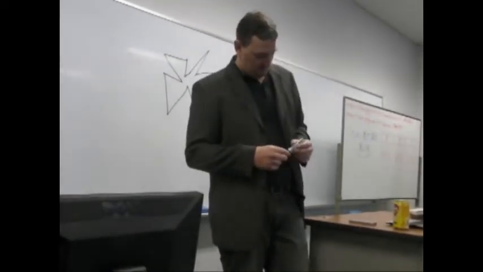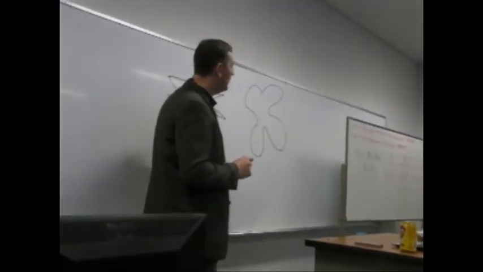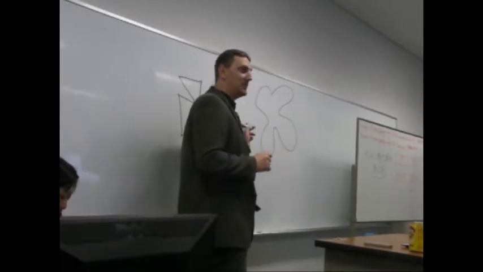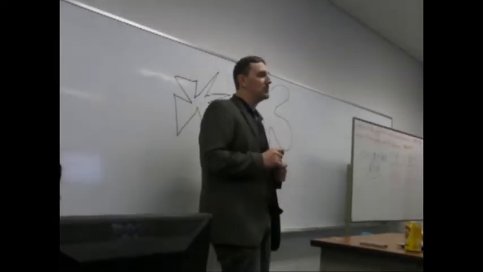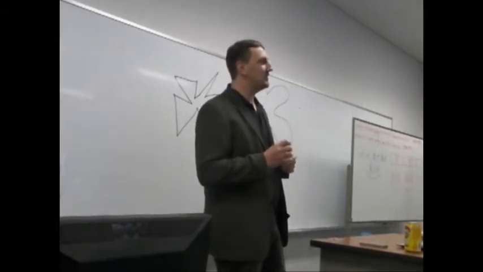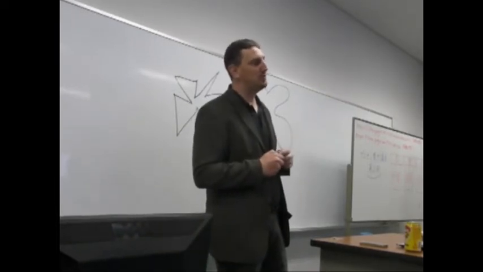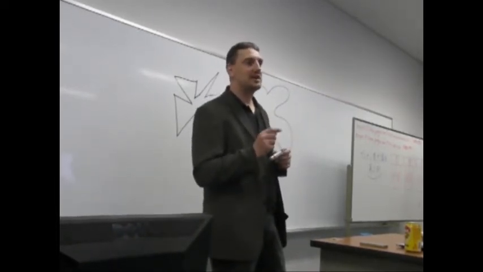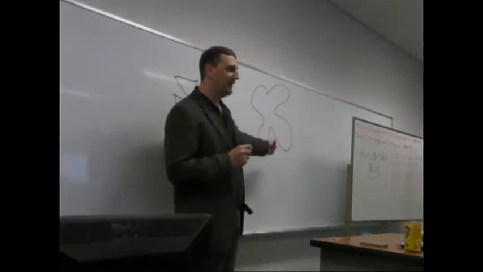And I can prove that the aliens were here because you know the names of these two symbols. One of these symbols is called Buba. And one of these symbols is called Kiki. One is called Buba and one is called Kiki. And I want to ask you, which one is called Buba?